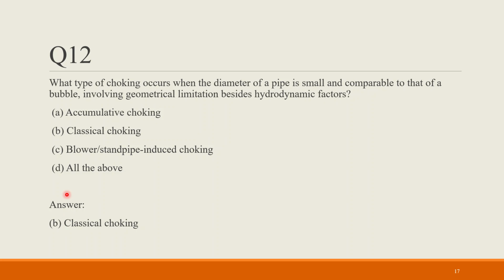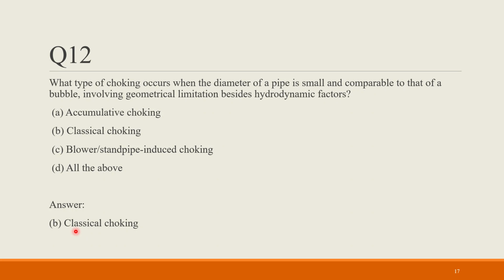We'll start the session with question 12. What type of choking occurs when the diameter of the pipe is small and comparable to that of a bubble, involving geometrical limitations beyond hydrodynamic factors? Accumulative choking, classical choking, blower or standpipe induced choking, or all the above. The answer is classical choking. As we have seen, classical choking is similar to slugging.